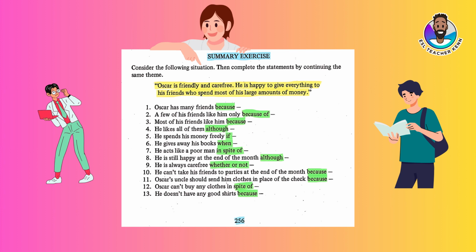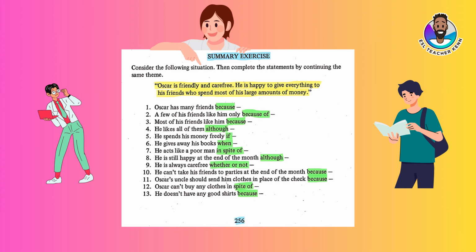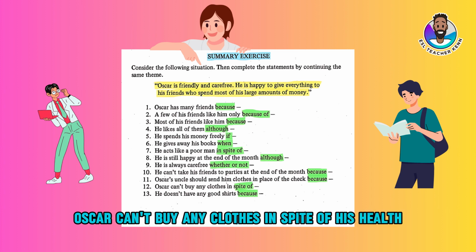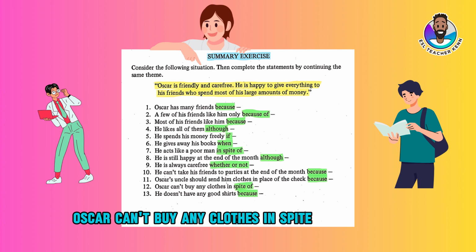12. Oscar can't buy any clothes in spite of... I'll say Oscar can't buy any clothes in spite of his health. Oh, sorry. Oscar can't buy any clothes in spite of his wealth.